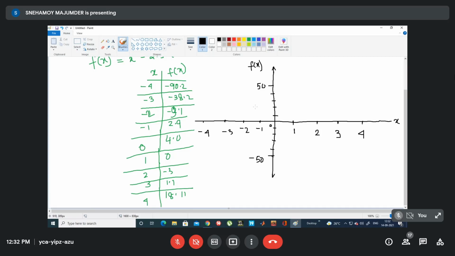And now if you plot it, it will go something like this.